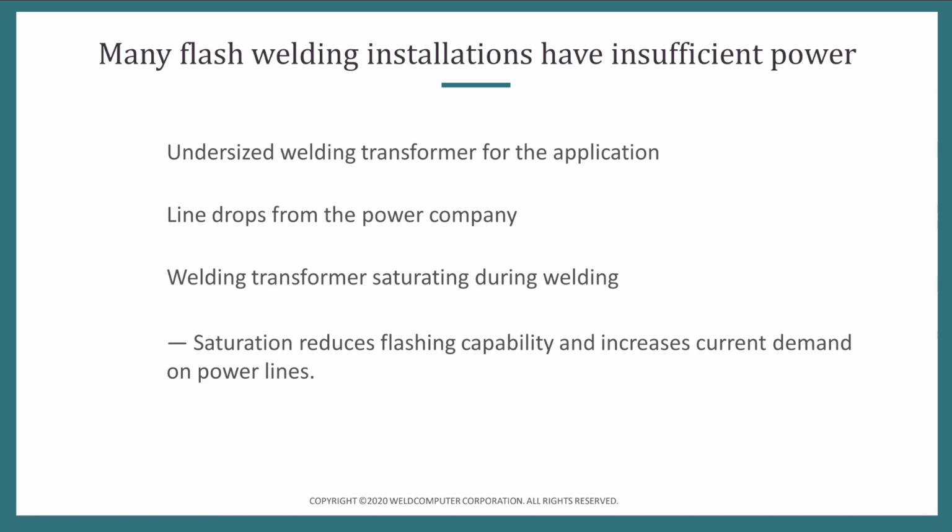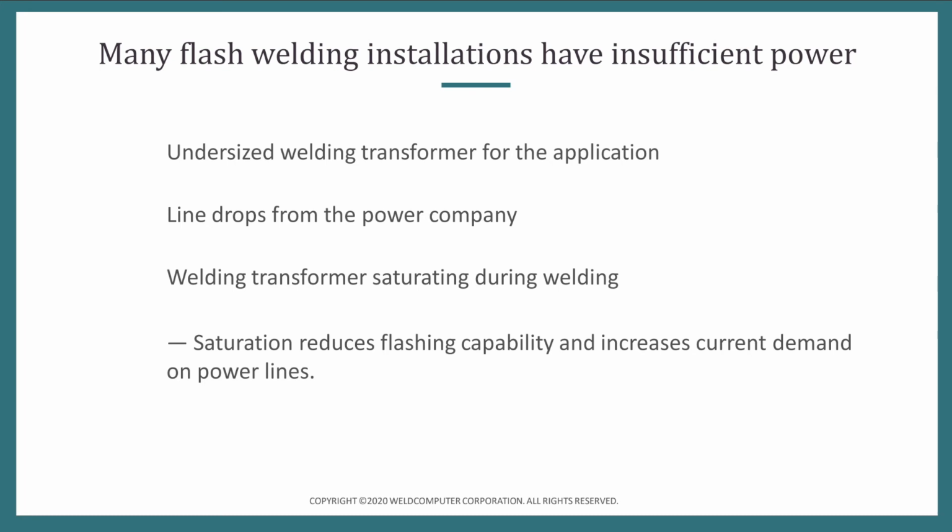The other thing that we see that's prevalent on these machines is the welding transformer saturating itself. Because with a single-phase AC transformer, if you don't have a balanced signal on both polarities, the transformer saturates. Saturation causes the transformer to behave as if you took the iron core away. It starts to look like a short circuit, which causes your primary current to shoot up very high and your secondary to dwindle to nothing.